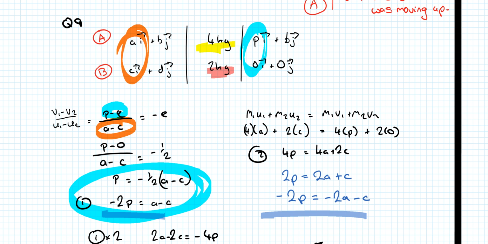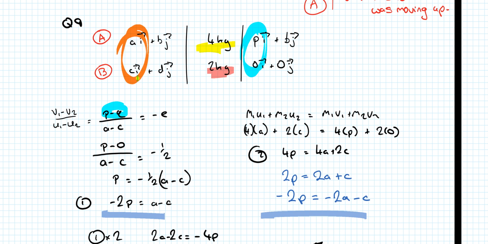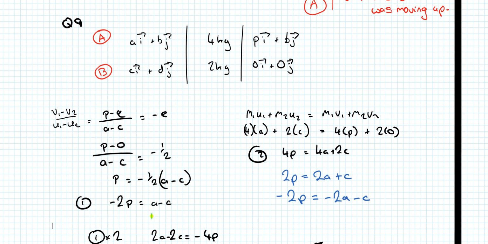And I'm using the conservation of momentum. Okay, so I'm just going to delete a bit of the highlighting so I can talk a little bit freer. Conservation of momentum. Writing out my formula, I know my masses are 4 and 2, so they're not the difficult bits.